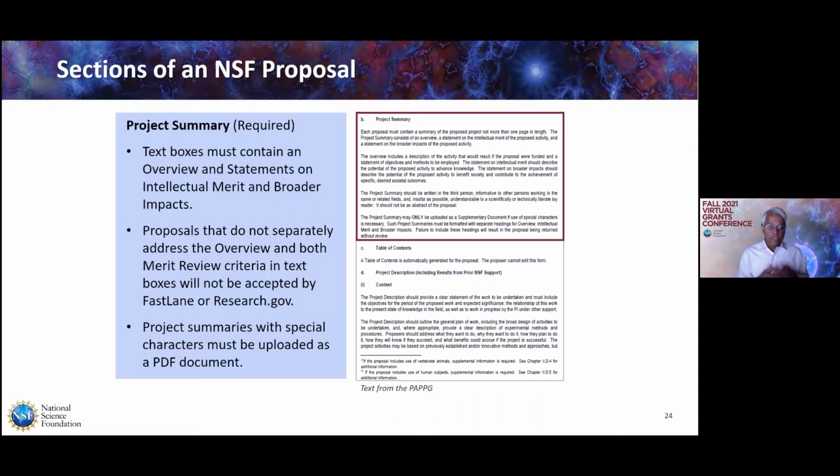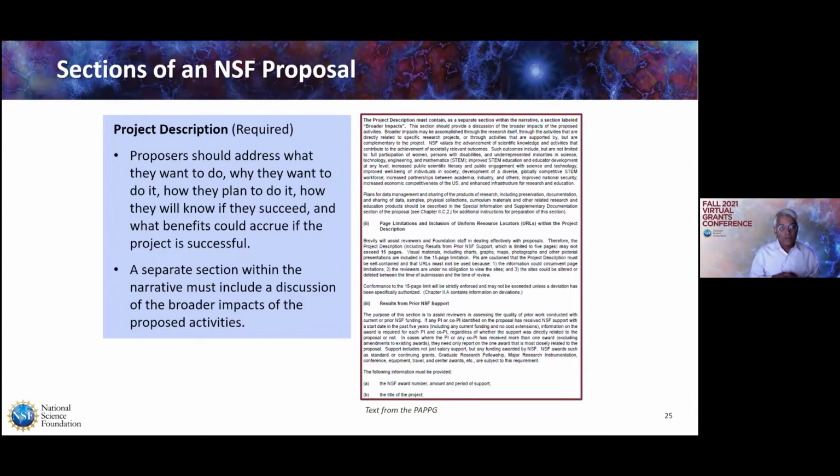The project summary must contain all three sections: an overview, as well as intellectual merit and broader impacts. And if you don't have all three, then FastLane or research.gov will actually not accept your proposal. By default, you're essentially providing this information in text boxes in the FastLane system or in the research.gov system. If you have a project summary that has special characters, specialized mathematics, things like that, you can upload those as a PDF document as well. Next slide, please.